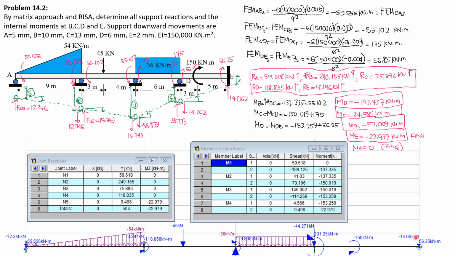Then finally at E, negative 14.062, opposite to this, and the couple is counterclockwise, so positive 56.25. Counterclockwise positive in the software, remember, and that's also the correct sign convention.